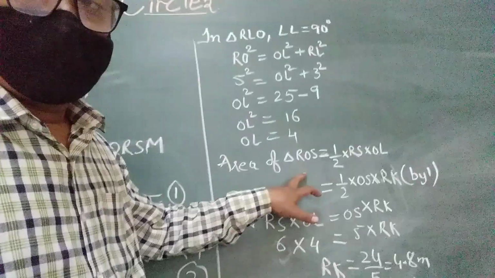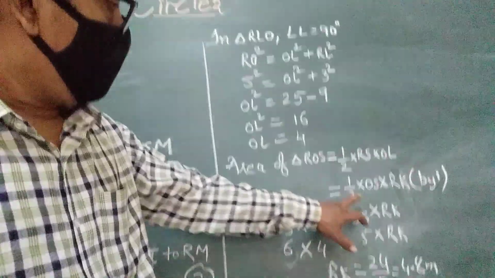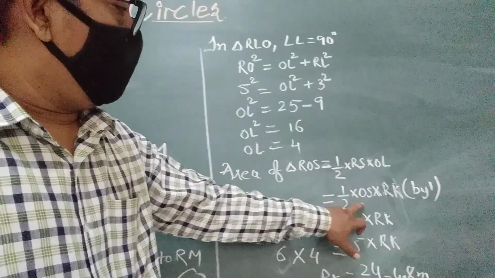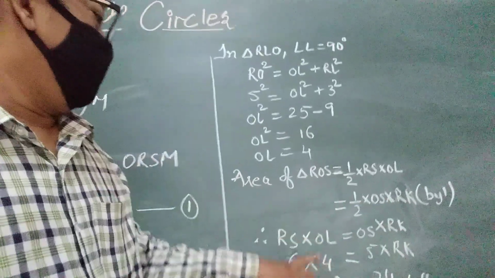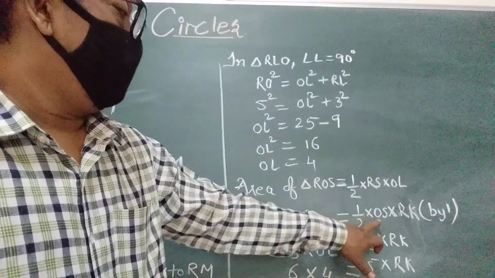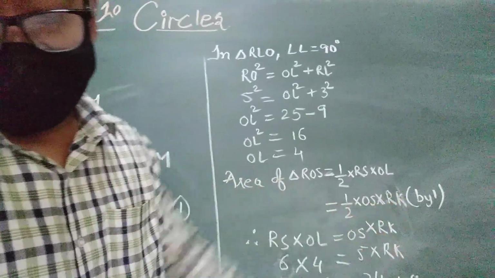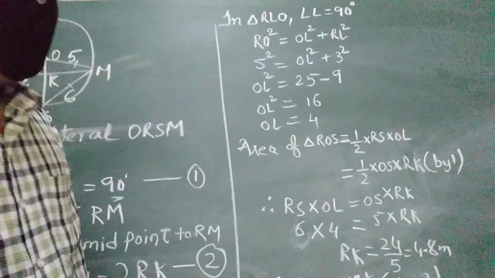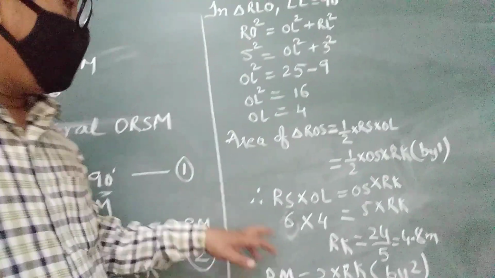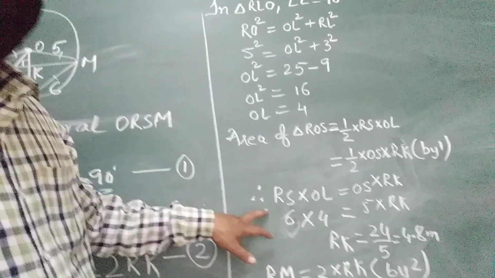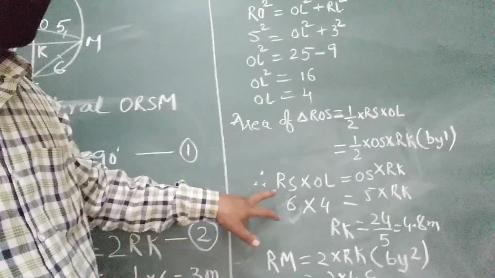We can say that, taking OS as the base, the altitude is RK. Hence, half into OS into RK. By equation number 1, the areas of the two triangles are equal to each other.